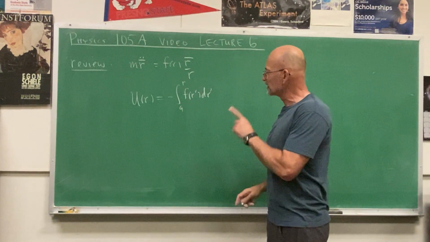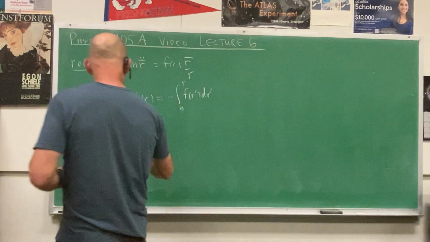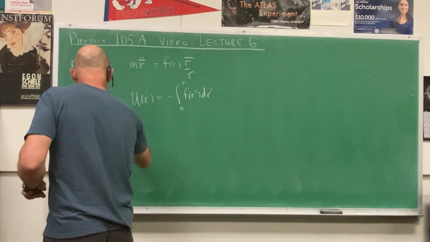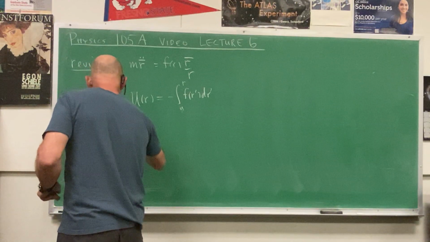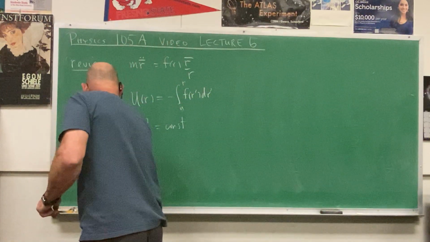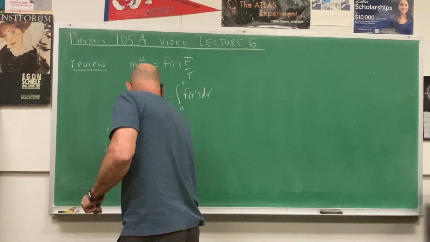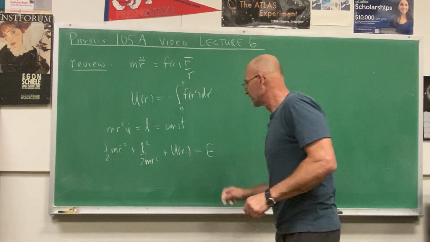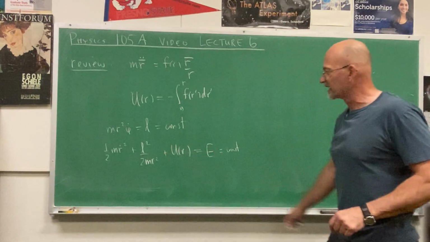We had energy conservation and conservation of angular momentum in the system like this, so that we ended up having m r squared phi dot equals L as one of our conserved quantities, and 1/2 m r dot squared plus L squared over 2 m r squared plus U of r equals E. So these were our two, and the E is also equal to a constant. So E and L are our conserved quantities in the problem.